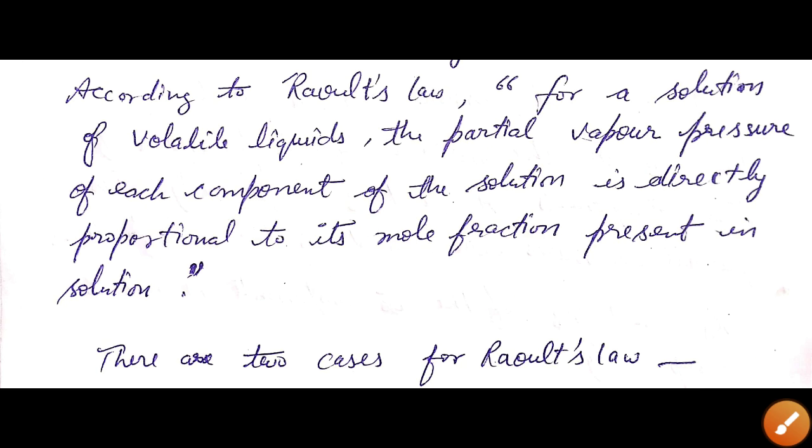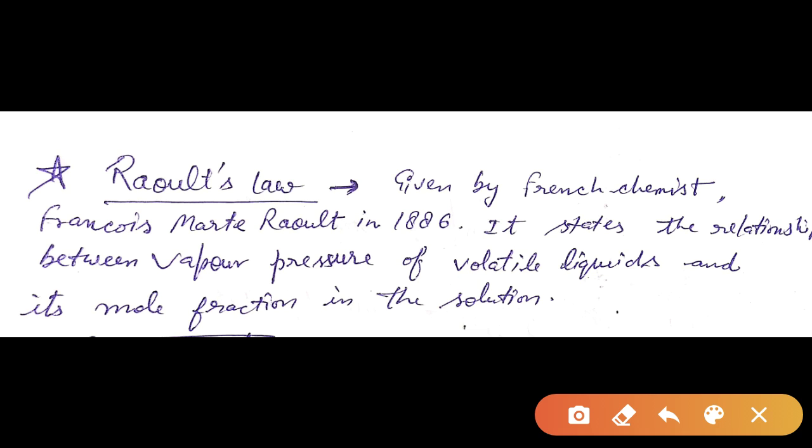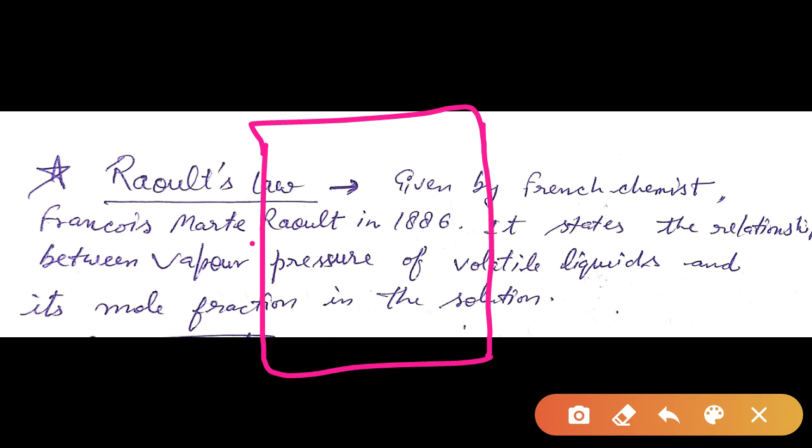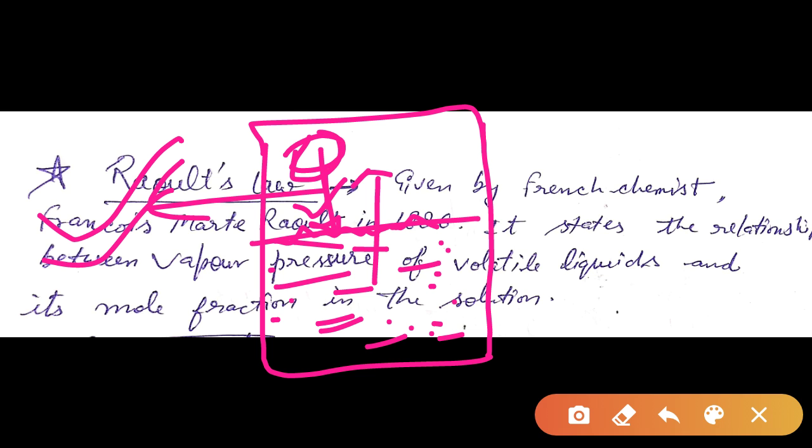Vapor pressure is actually the pressure in a closed container: if any solute or solvent present in the liquid phase goes into the vapor phase and exerts a pressure on its surface, then such a pressure is known as the vapor pressure of that liquid.